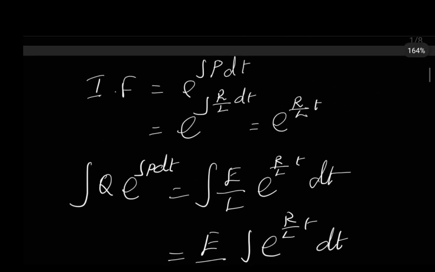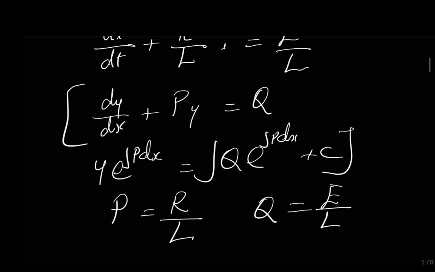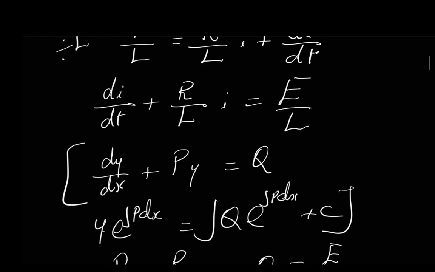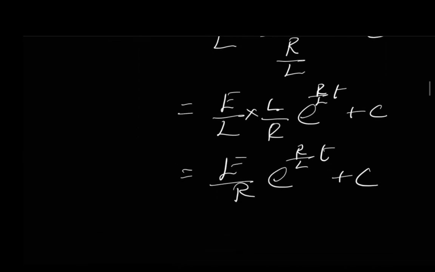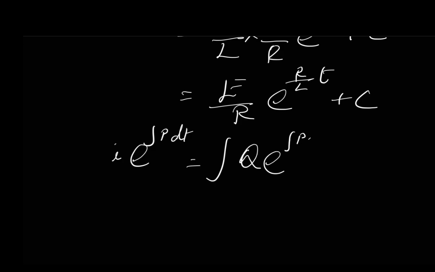Now write the solution in this form. In the place of y we have i, and x is t. So my equation is i e^(∫P dt) = ∫Q e^(∫P dt) dt + c.